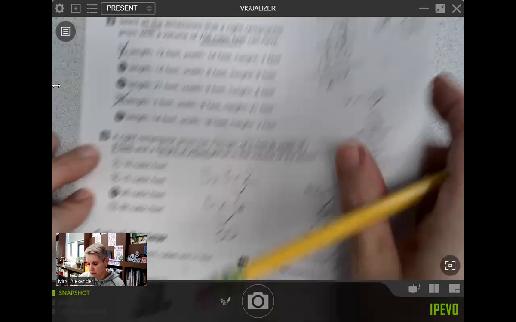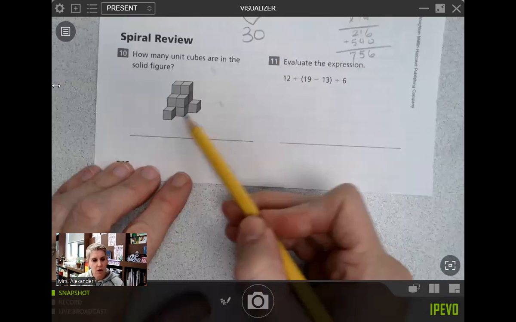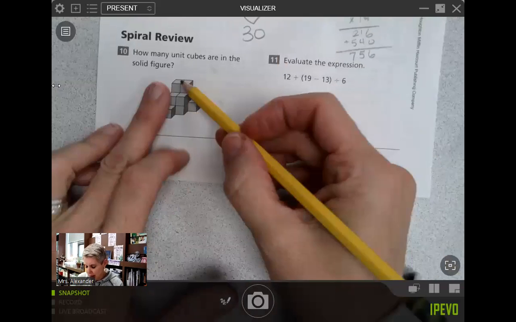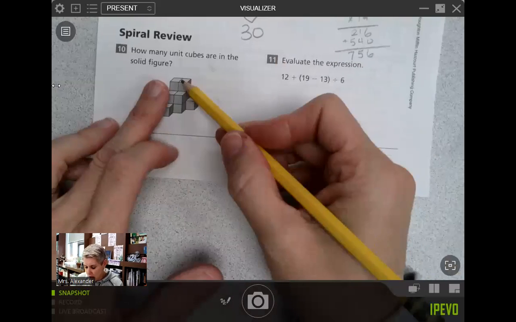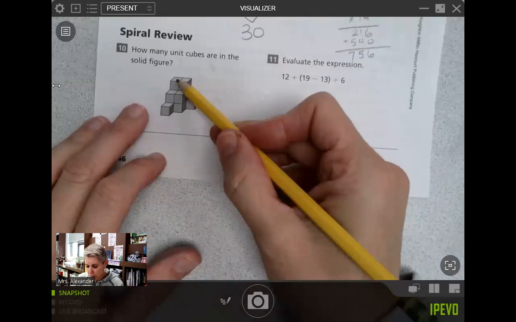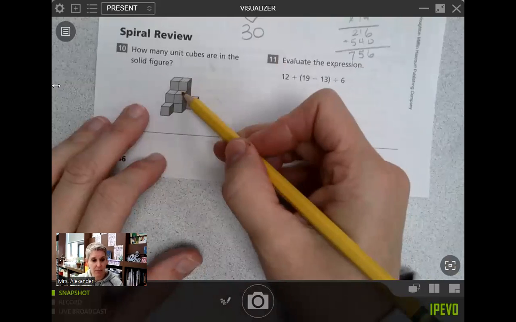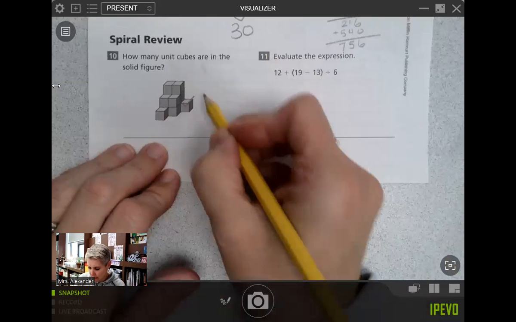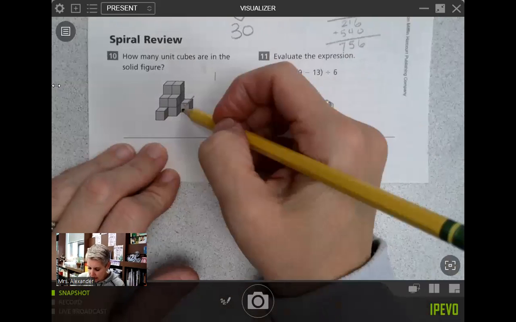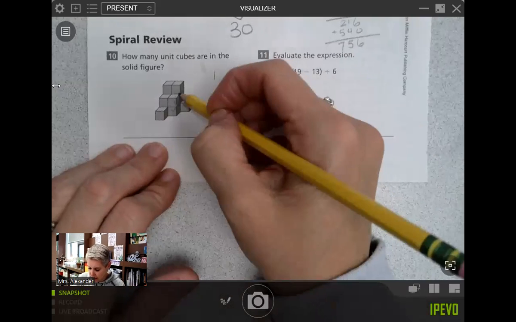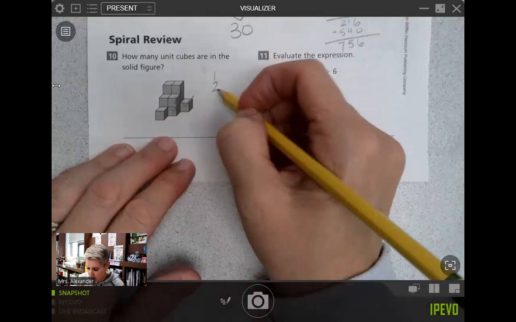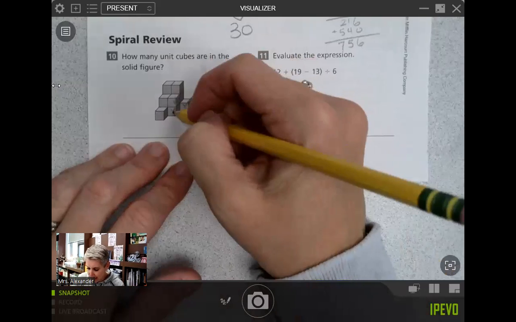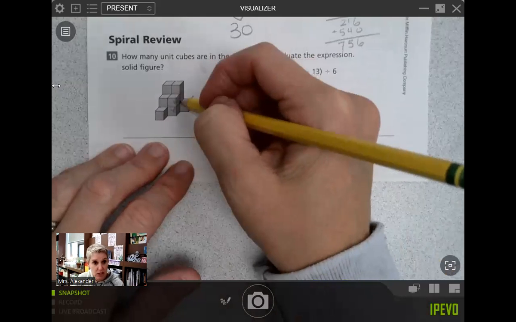Spiral review. Oh, some of you have a little bit of trouble when it's an irregular figure. Imagine that this is maybe pushed back into a corner. All of these tall blocks, there has to be something underneath them, right? So here I can see, here's one block. If I see 2 blocks in front here, that little tower, I'm going to keep track on the side. If there are 2 blocks here behind that, that tower is 1 taller.